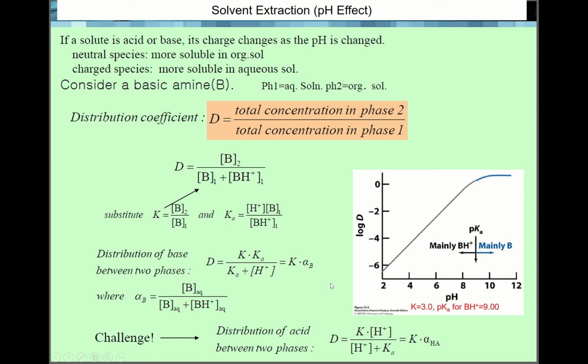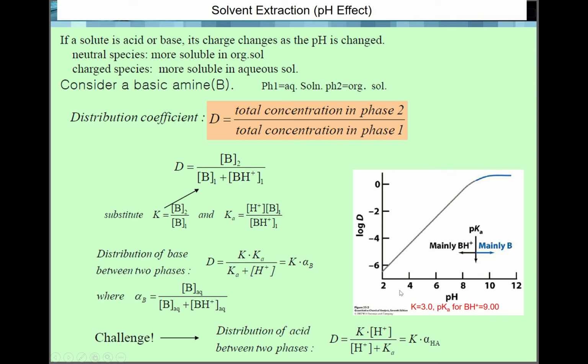Let's look at this figure. It shows the change of D, expressed as log D, as a function of pH. When you change the pH, you change the proton concentration.